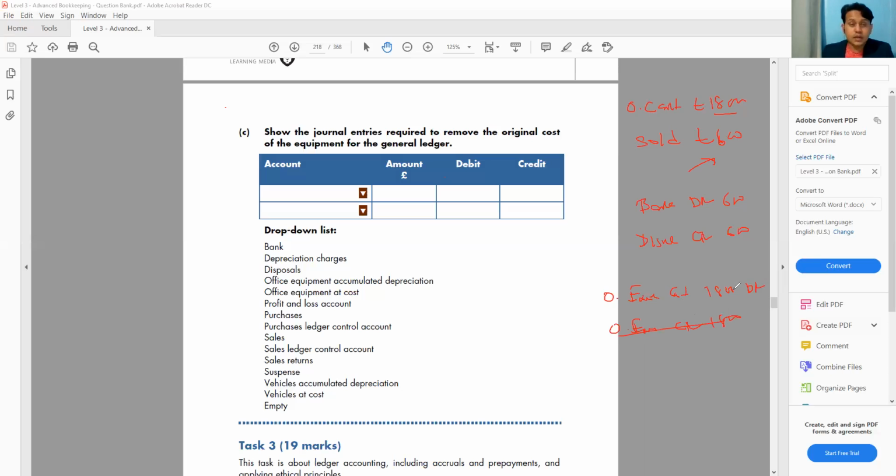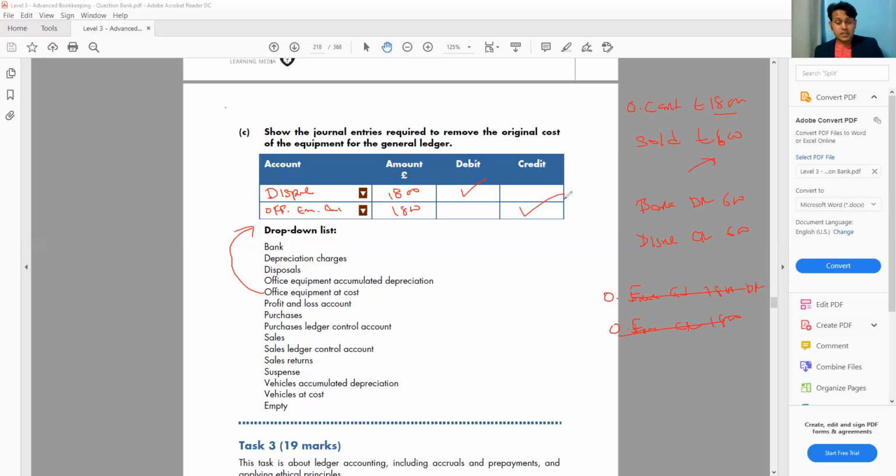So the debit and credit will be gone. And obviously, why am I removing that? Because of the disposal. So I will say disposal amount 1800, that is debit, and we have office equipment at cost 1800, that is credit.